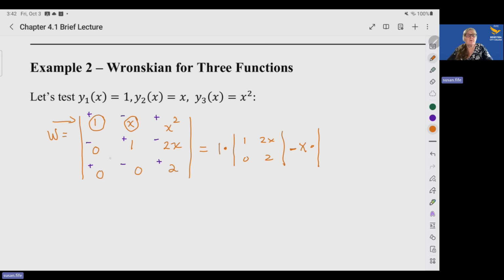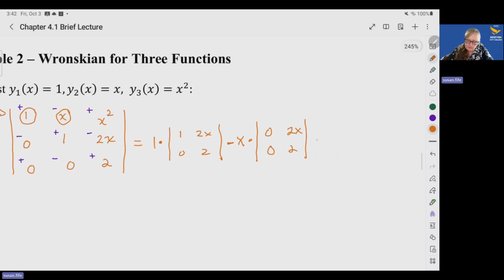That's going to leave me with the 0, 0 on that first column, and it'll leave me with 2x and 2 on that third column. And then we have plus x squared times, here I'm going to take away the first row and last column, and it leaves me with 0, 1, 0, 0.